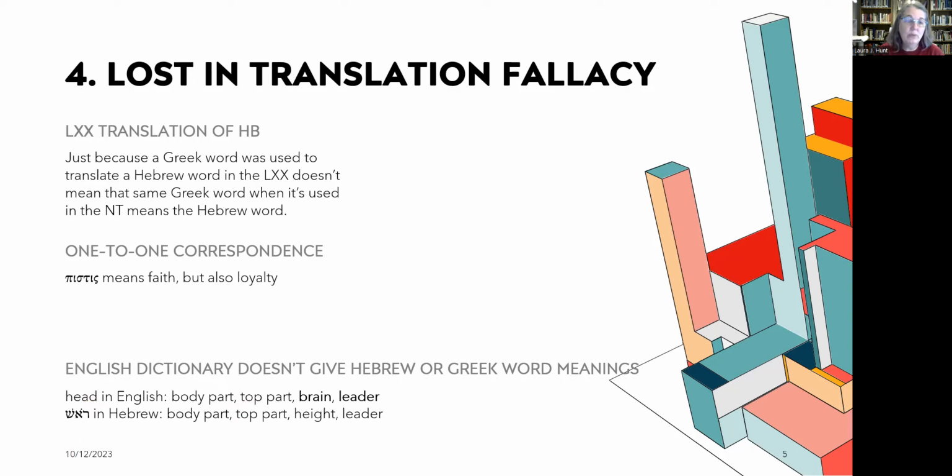Rosh in Hebrew means body part, top part, height, or leader. And kephale in Greek means body part, top part, or source. But we can't see that the English word head translates Rosh in Hebrew, and then think that Rosh means all the things that head does in English. It doesn't.